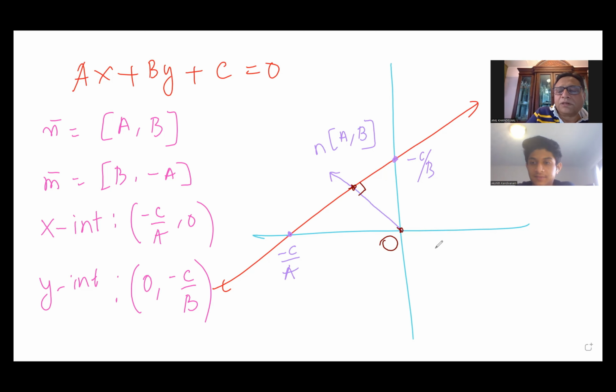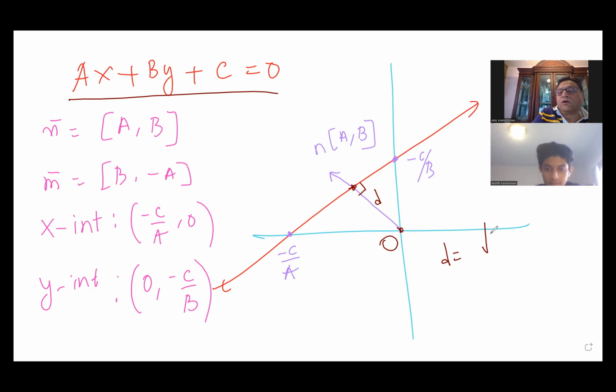Well, I'll give you the formula. Distance is always positive, and therefore this distance d is equal to, whatever these a and b values are, because a and b values define the normal, right? So it is the absolute value of, let's say the point is (x1, y1).